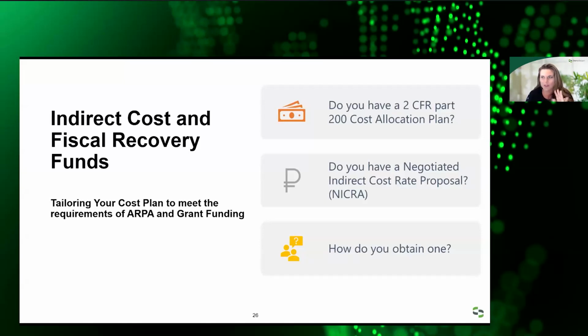One of the things where that's coming back at you is if you do not have $35 million in direct federal funding, if you're a local government or tribal government, or $10 million as a nonprofit, then your negotiated agreement looks like this. You produce it, or you calculate your indirect cost rate.